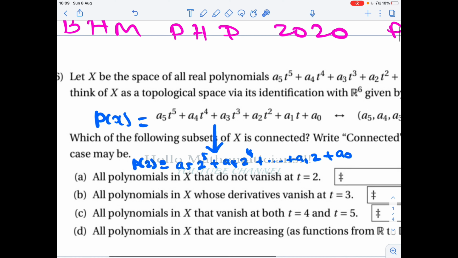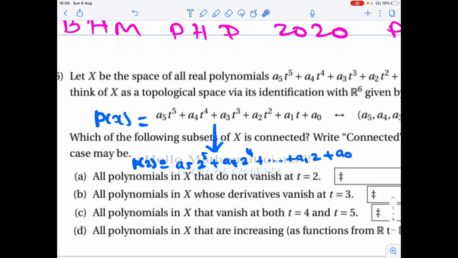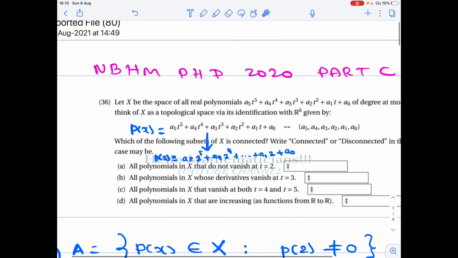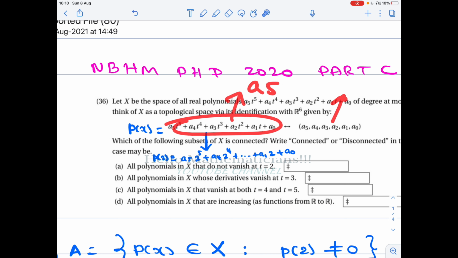Now this polynomial goes to the leading coefficient, a5. That is a continuous function because it is a projection, like how we are identifying these polynomials with R power 6. So this tuple goes to a5, which is precisely the projection onto the first coordinate. Therefore it is a continuous function.